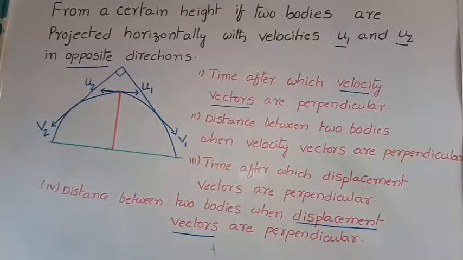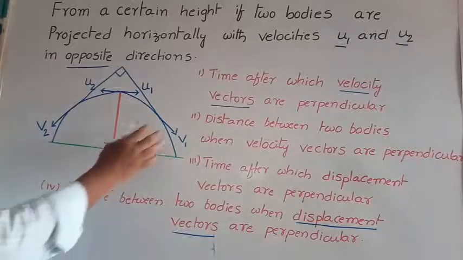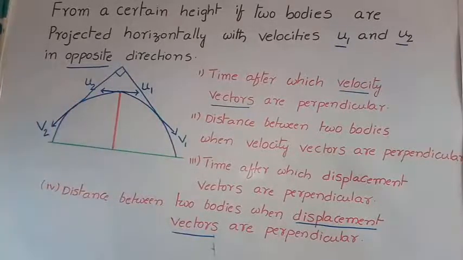To calculate the time, first we write the velocity vectors of the first body and the second body after t seconds.